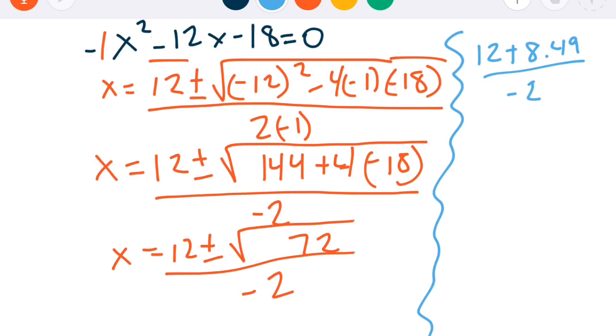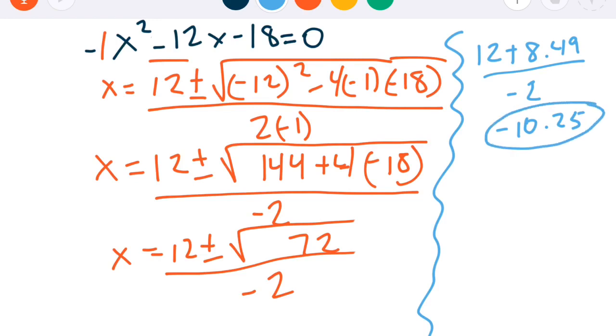So 12 plus 8.49 divided by negative 2 is going to give us negative 10.25, if I'm rounding that to 2 decimal places.